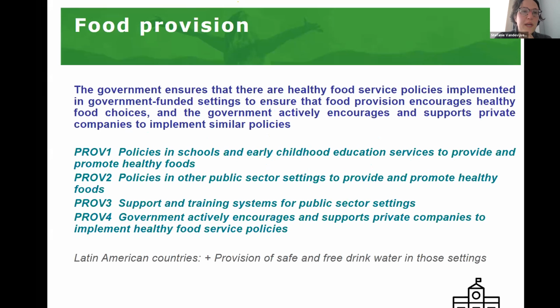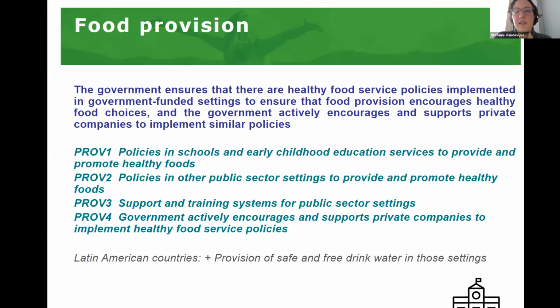The provision domain is a very important one as well, because that largely focuses on children's settings, like schools, early childhood education services, and looking at whether there are food standards in place or any other policies on these grounds to encourage the provision of healthy foods.